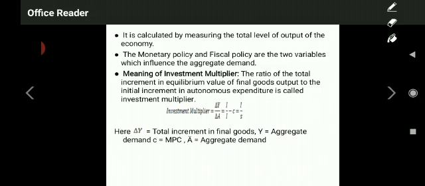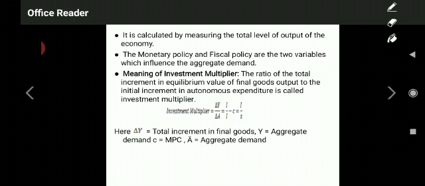Now look at the meaning of investment multiplier. It means the ratio of the total increment in equilibrium value of final goods output to the initial increment in autonomous expenditure. I hope you understood.